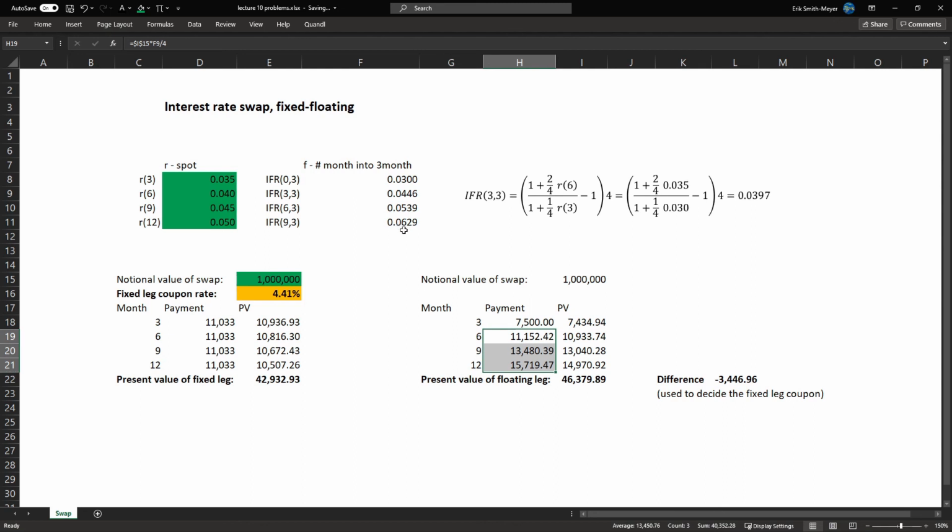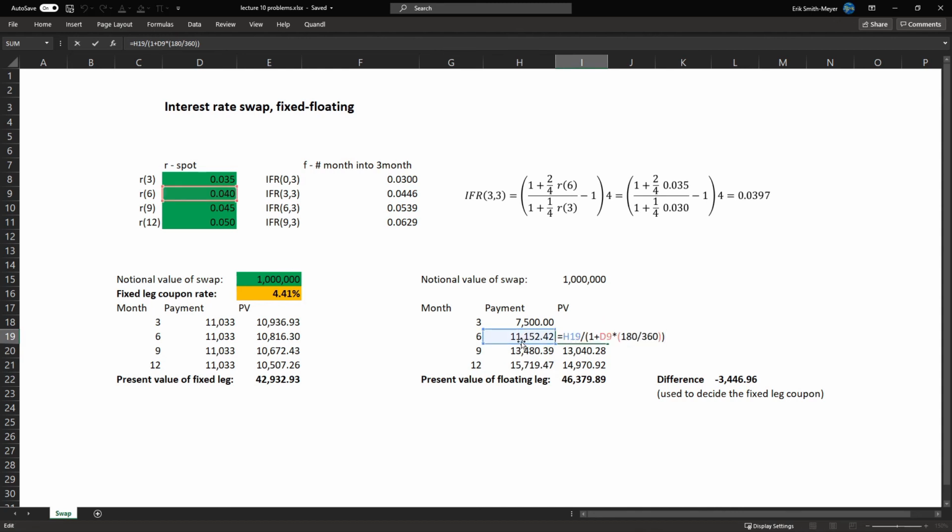What happens here is that the expected payments of the floating leg, the payments which had not been set yet, are shifted upwards, but they are discounted by a higher spot rate, right?